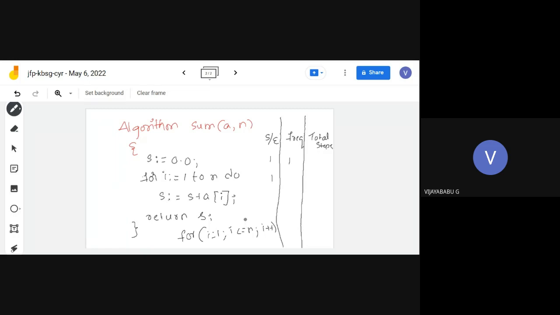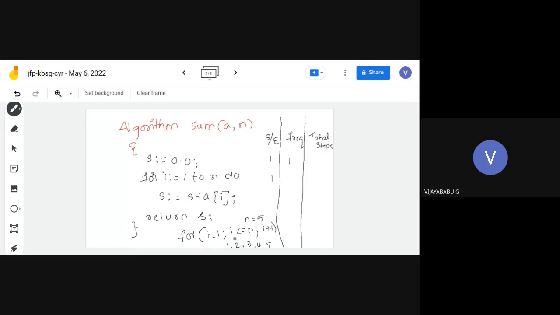For example, if n is equal to 5, so i is equal to 1, i is equal to 2, i is equal to 3, i is equal to 4, i is equal to 5, like that incrementing is going to take place.